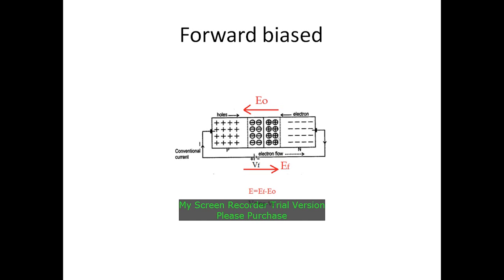So the total electric field will be EF minus E0 because they have different directions, and the total potential will be the difference between the depletion region potential and VF.